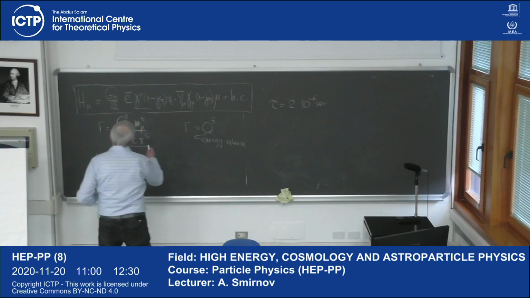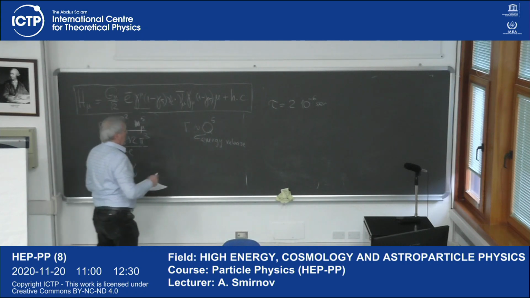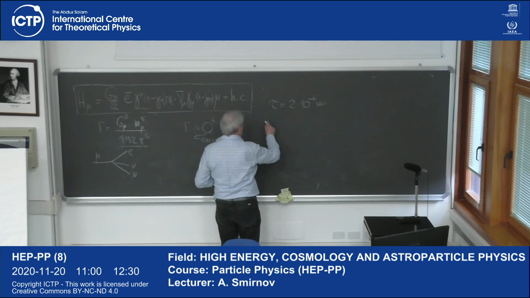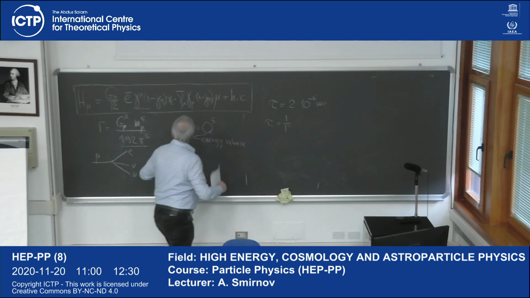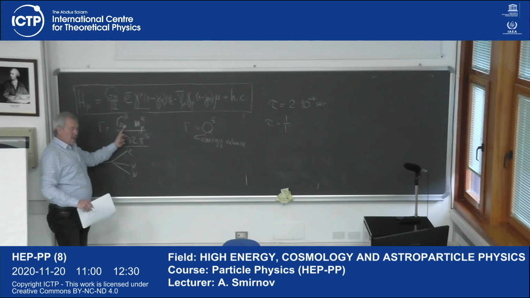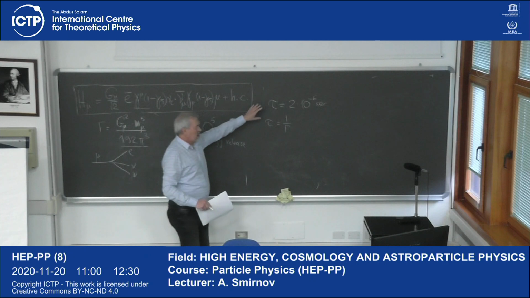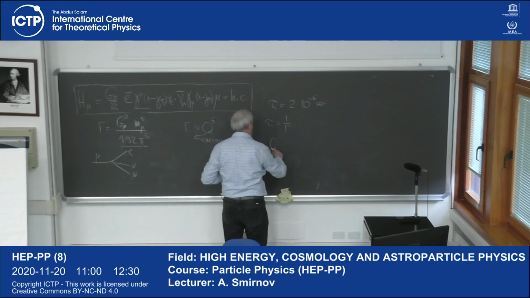So, since you know gamma, or this expression for gamma, and lifetime is 1 over gamma, the only unknown in this formula is G mu. Therefore, knowing the lifetime of muon, you can find what is G mu.